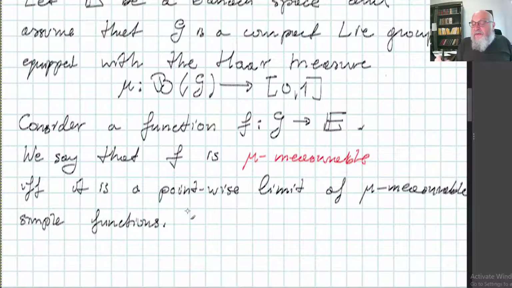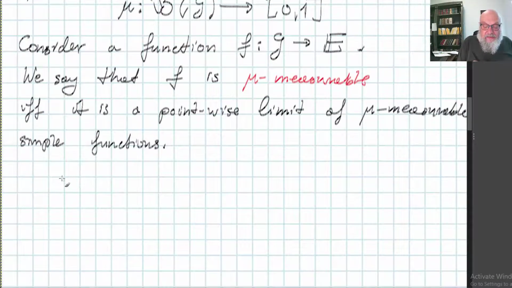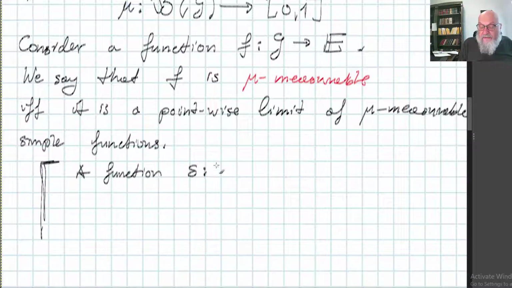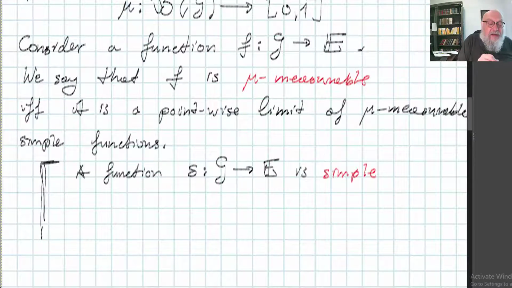So let me explain it in more detail. Start with what is a simple function. A simple function S from G to this Banach space E is simple if it has only finitely many values, if S of G is finite.